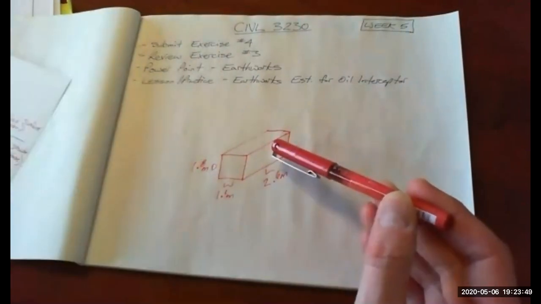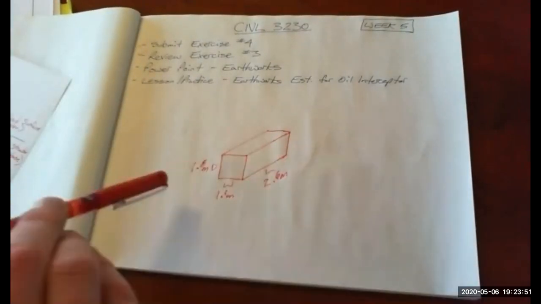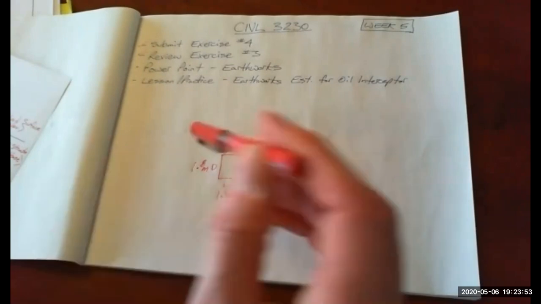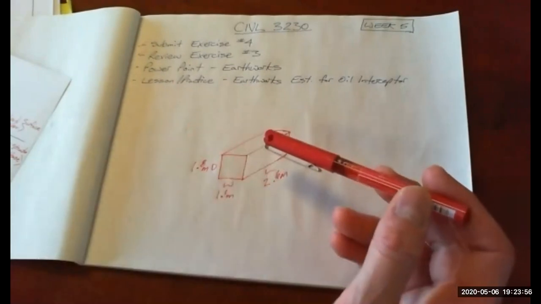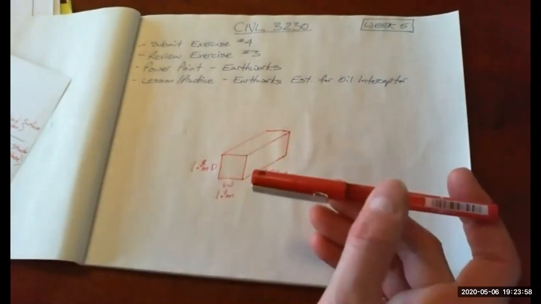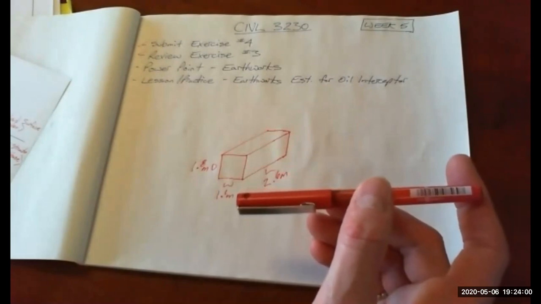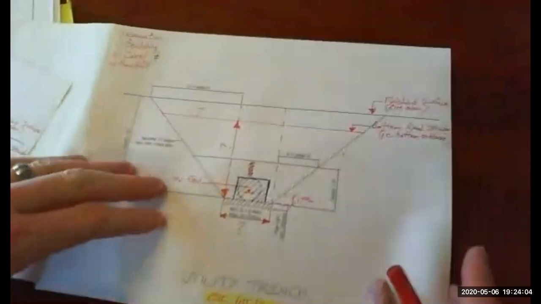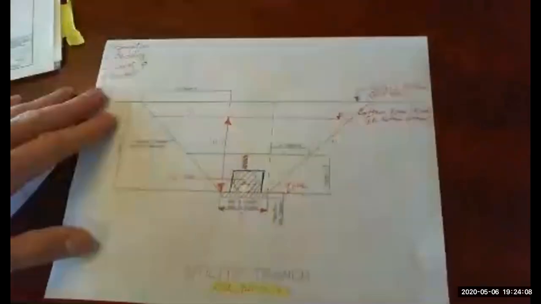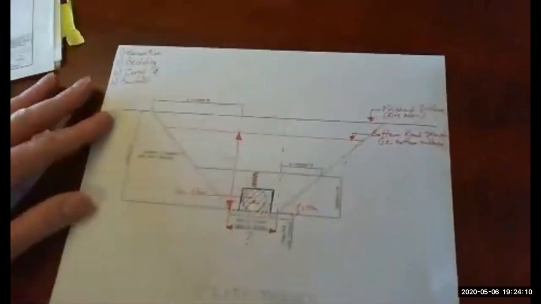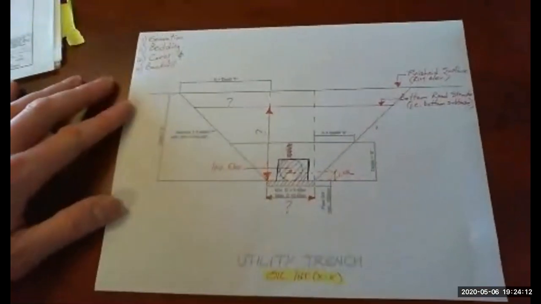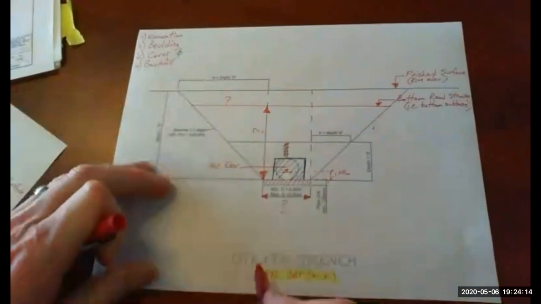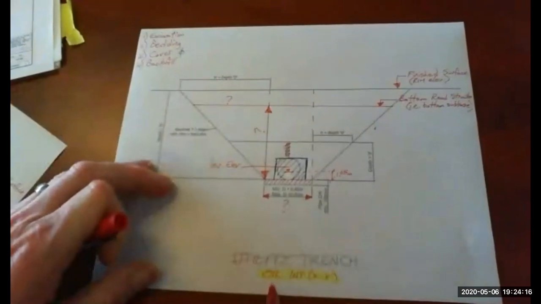Because it's not square, we have to look at the box from 2 different directions in order to get an accurate end area for excavation volumes, etc. So if we look at this here now, so this would be one of the directions. So this cross section. So it's not a utility, it's going to be the Oil Interceptor.